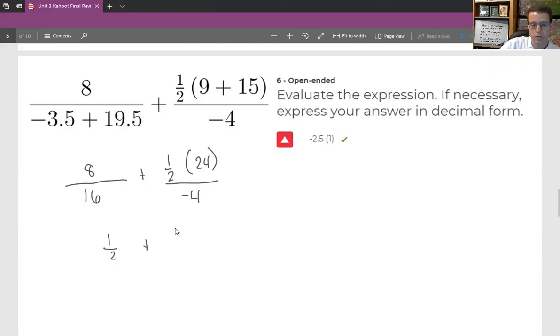Plus half of 24 is 12, divided by negative 4. We'll keep the 1/2. And then 12 divided by negative 4 is really just negative 3. We have 1/2 plus negative 3, which is negative 2.5, and the question itself asked for decimal form, so negative 2.5.